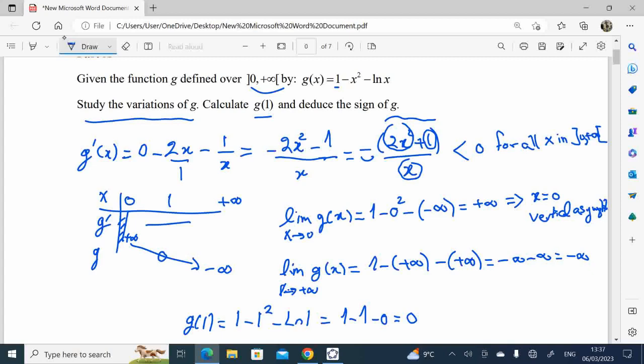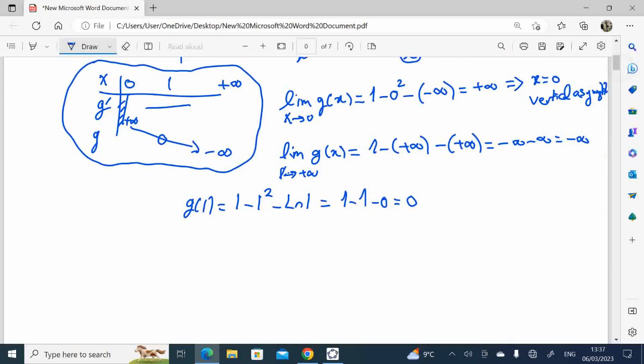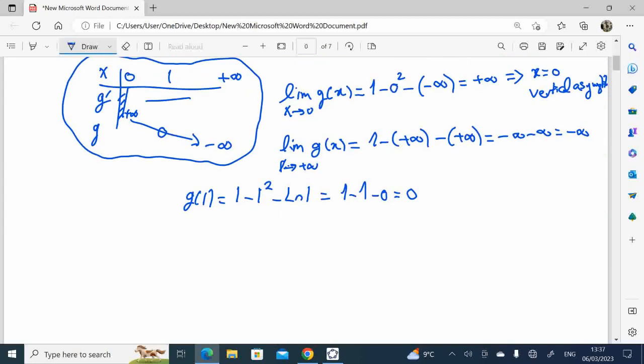Now they say deduce the sign of g. To deduce the sign of g, we are going to use the table of variation, or if we draw the graph of g, we may deduce it from the graph of g. But the table of variation is enough. As you can see here, for all x's between 0 and 1, whenever we have x between these two values, 0 and 1, we can see that our function decreases from plus infinity till 0, which means it is above the x-axis.